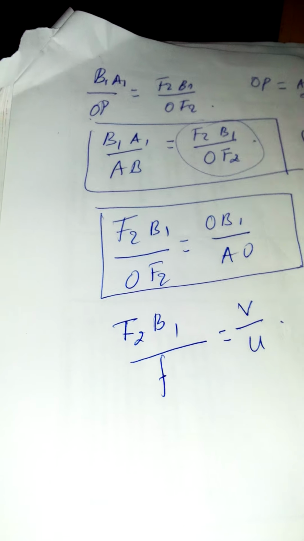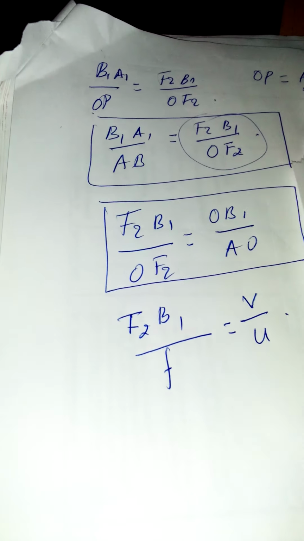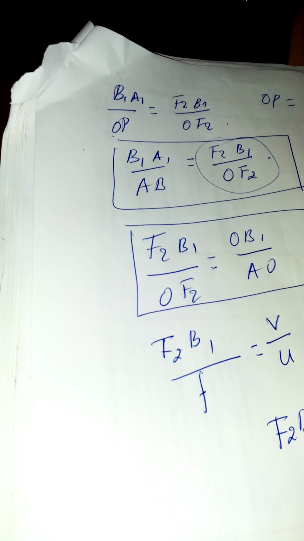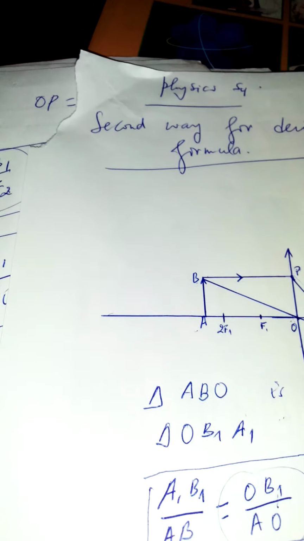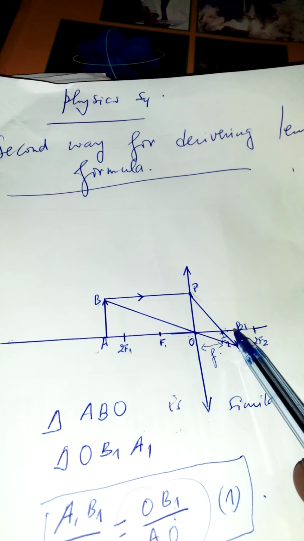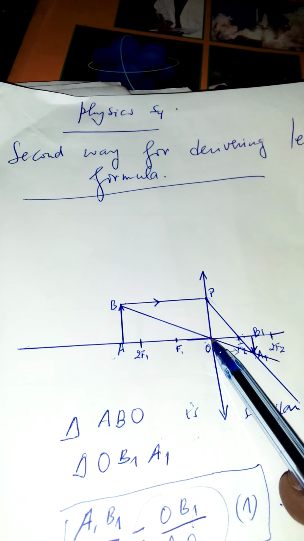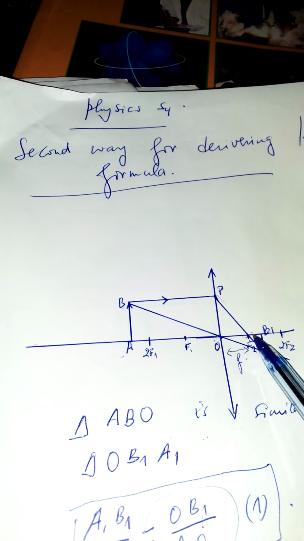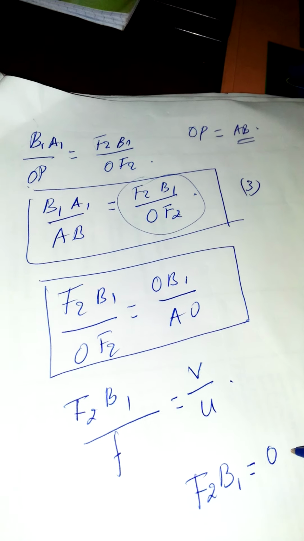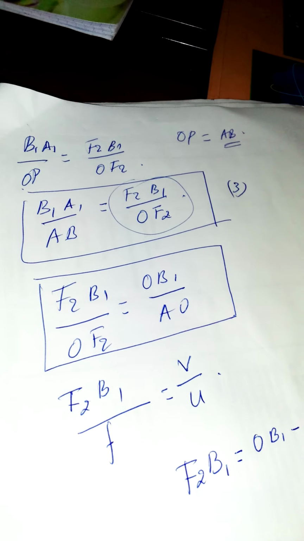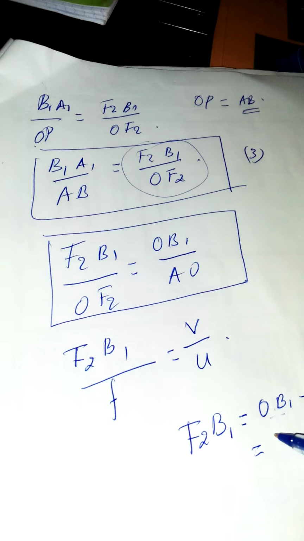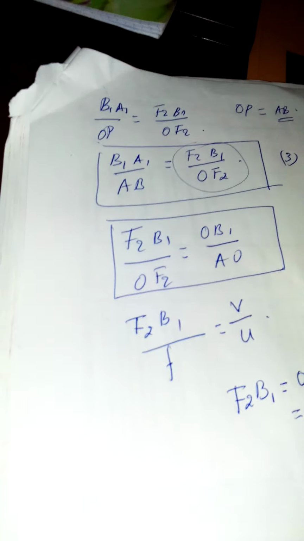And again, let us come back to the drawing here. Look at F2: the length F2B1 in our drawing, this distance from here to here, is equal to the distance from O to B1 minus the focal length. So OB1, remember, is the image distance minus the focal length.